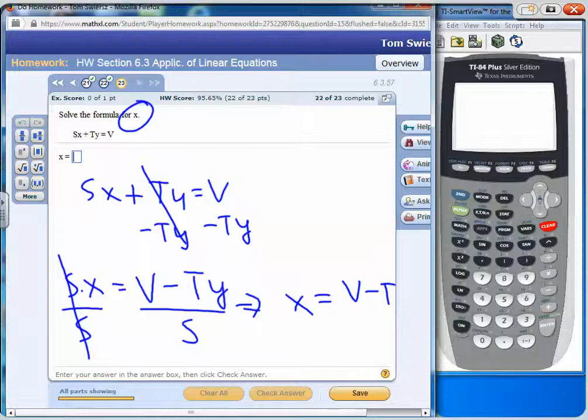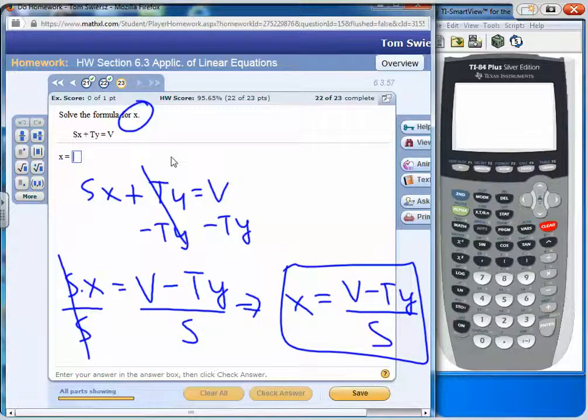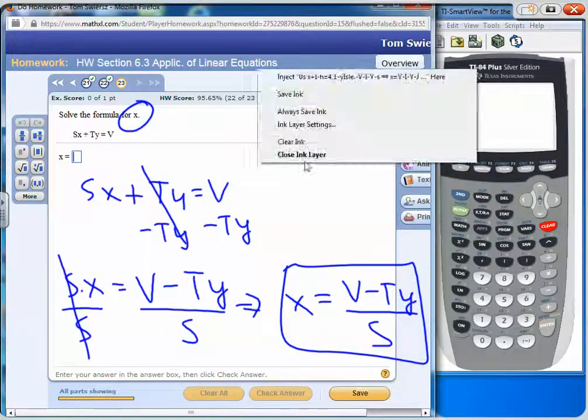Capital V minus capital T times y divided by, actually that's a capital S, right? Okay, so make sure, and then of course that's one fraction, so we'll put it in as a fraction. V minus ty all over capital S. All right, let's go ahead and put that in.